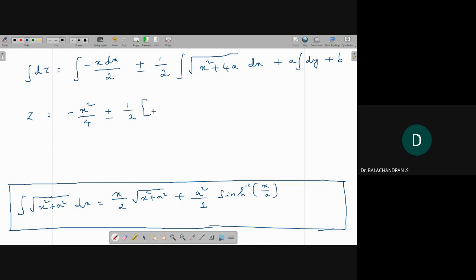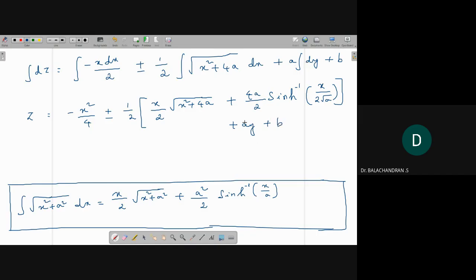So 1 by 2, if you integrate this, within the bracket I will write x by 2 into root of x square plus a square, where a square is 4a, plus a square, which is 4a, by 2 into sinh inverse of x by a, that is 2 root a, plus ay, a into the integration of dy, which is y plus b.